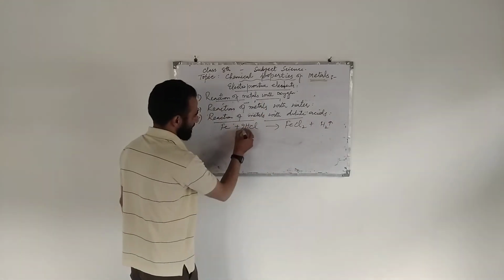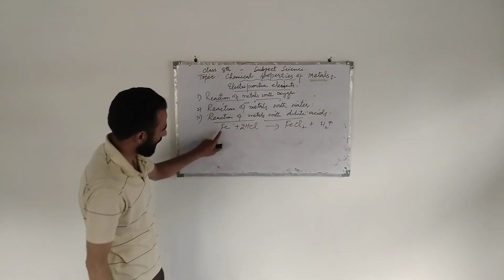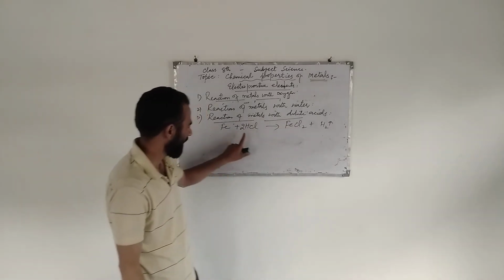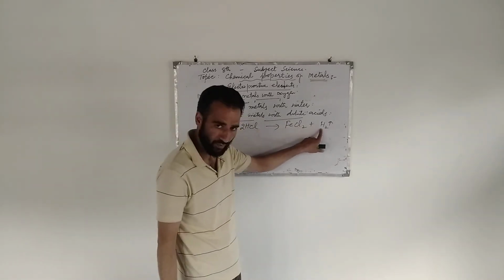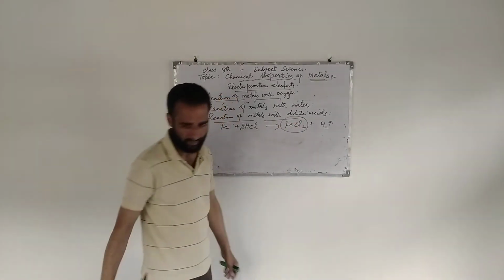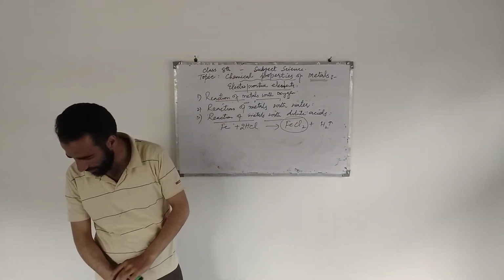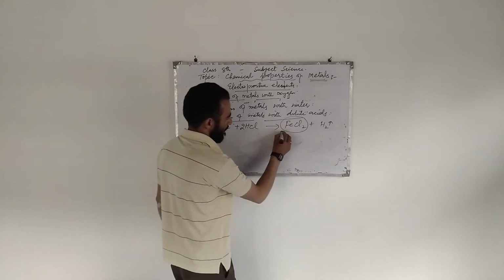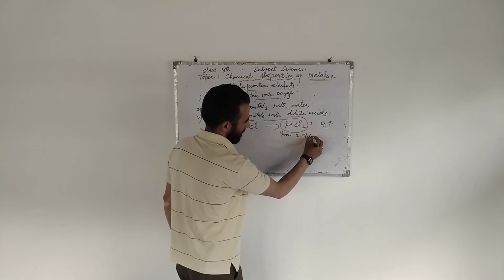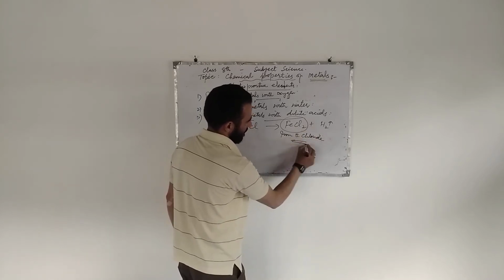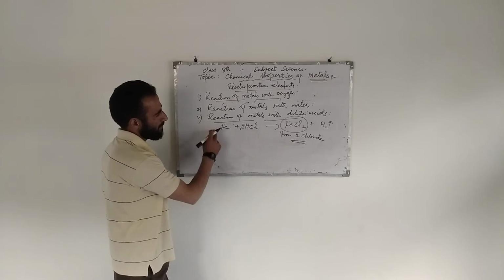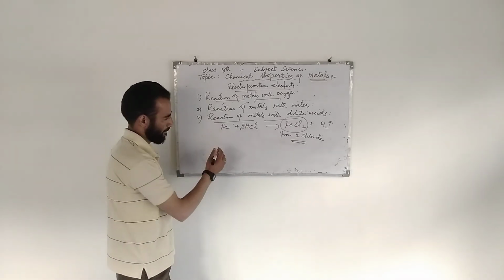We can also balance this chemical equation by this: iron 1 time, 2 times chlorine, and 2 times hydrogen. This salt that is formed, iron chloride, is also known as iron 2 chloride. This is the reaction of metals with HCl.